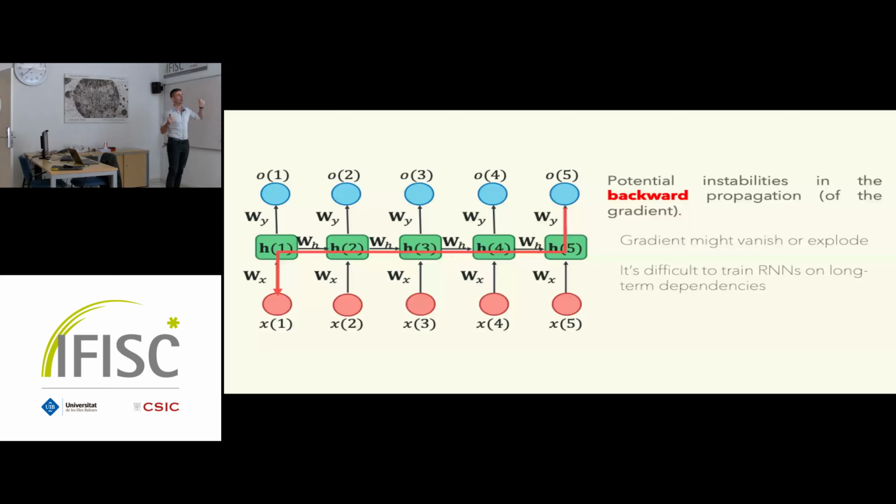If the gradient explodes, it means that your weight matrices will explode, so they will contain no useful information. If the gradients vanish, the point is that the training of this architecture becomes less effective on long-range propagation. What does it mean? It means that maybe when I gave this input to my network, it is important that the output at this time step remembers what was in input here, right?